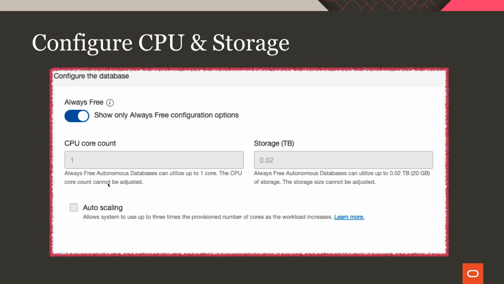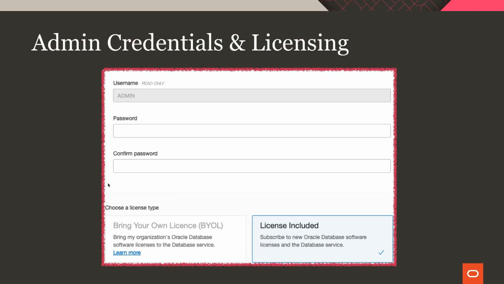You cannot change that. If you were creating an autonomous database instance that is a paid instance, you can change your core. You can change your storage. These can auto scale for you up and down on demand. So if you check the auto scaling button down below, as your workload increases, you need 4 CPUs. You can auto scale it, and then it'll automatically scale back down. But for always free, you get 1 CPU, you get 20 gigs, and that's what you get.